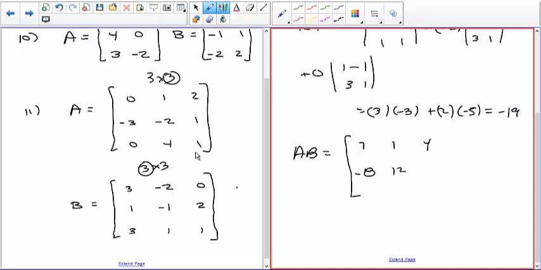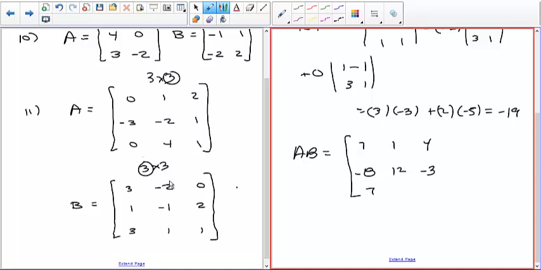And second row, third column, you have 0, negative 4, plus 1 is negative 3. And then the last one, you take third row, first column, so you have 0, 4, 7.